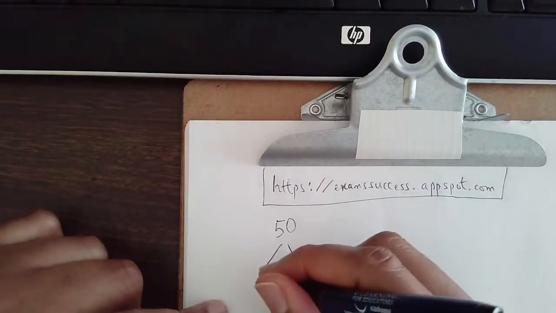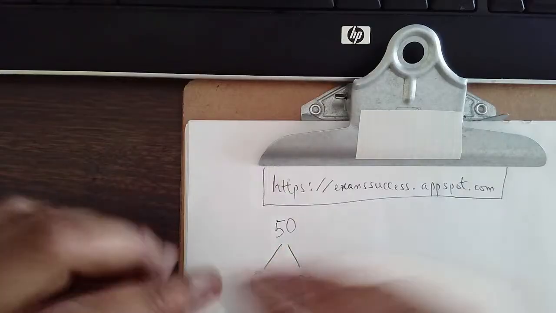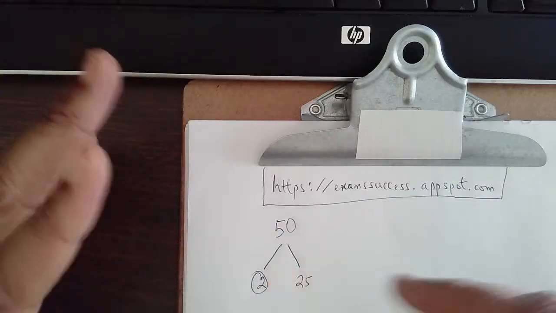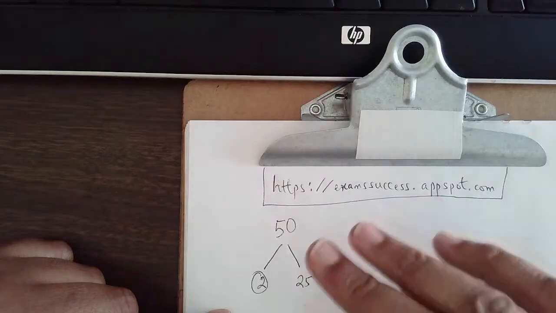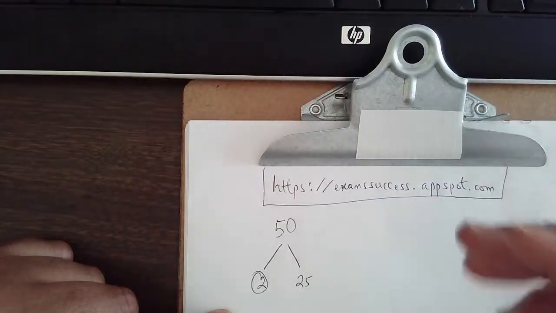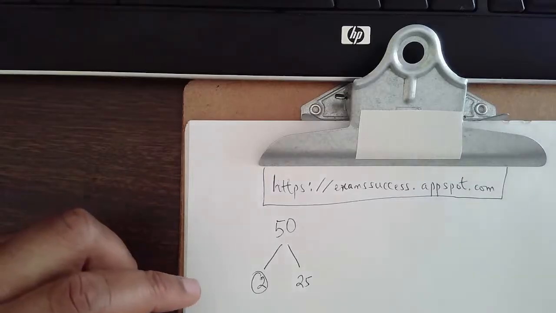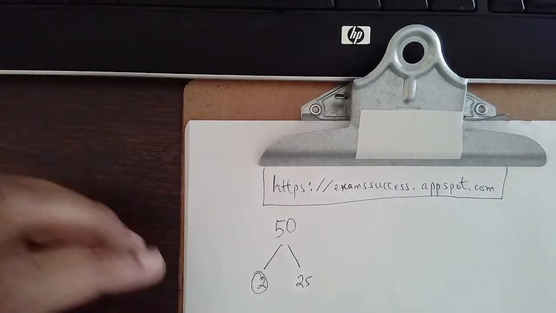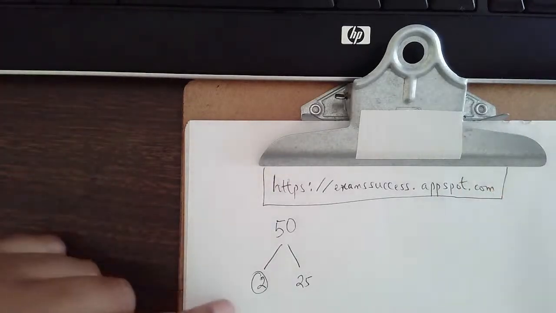Okay, so this 2 is already a prime number, so I'm going to circle it. I will be circling the prime numbers that are factors. That's what we mean by prime factors. Prime factors means prime numbers that are factors.